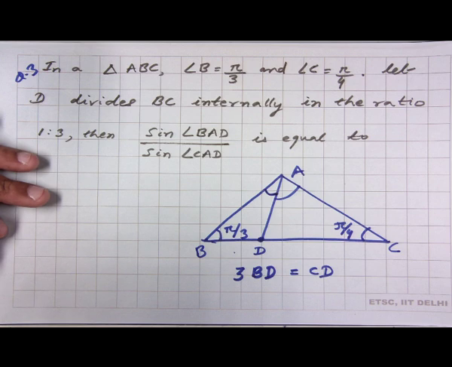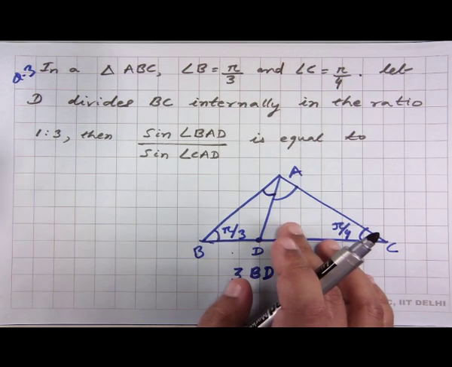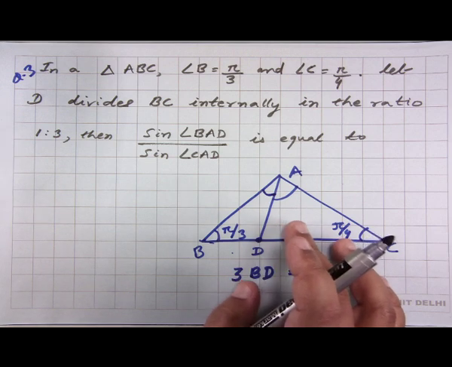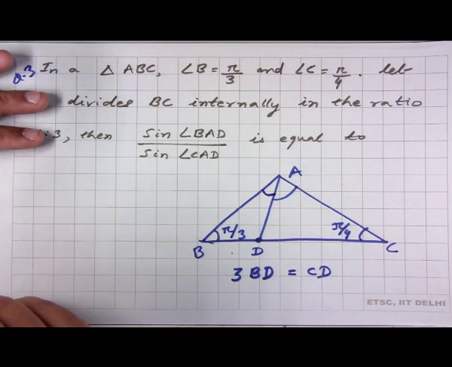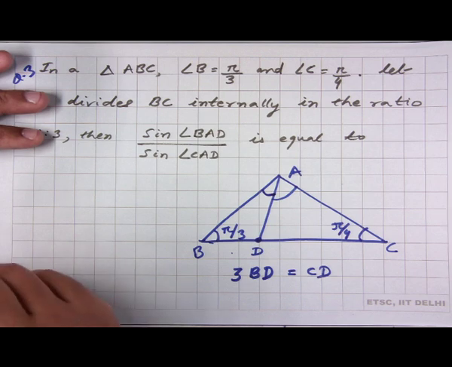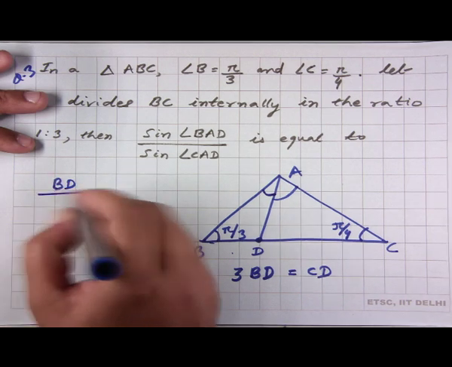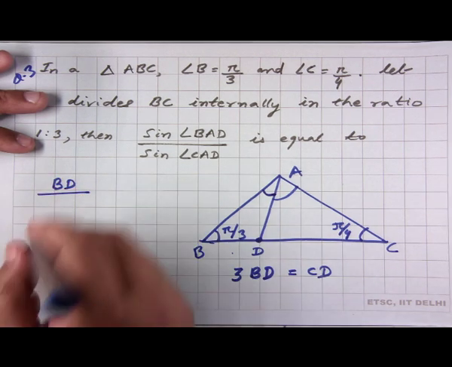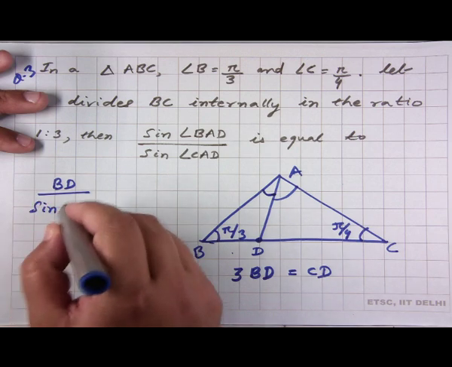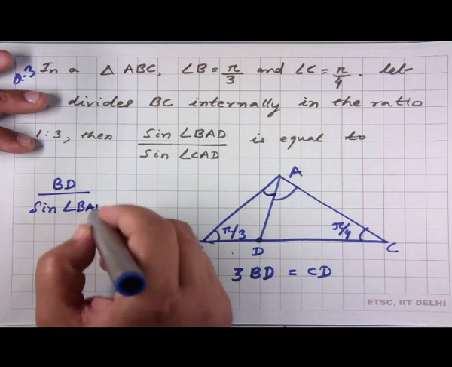So, the sine law when applied to the triangle BAD gives us BD over sine of angle BAD.